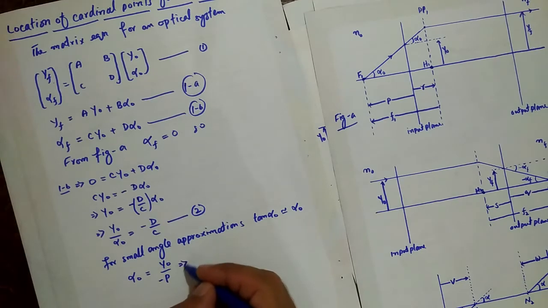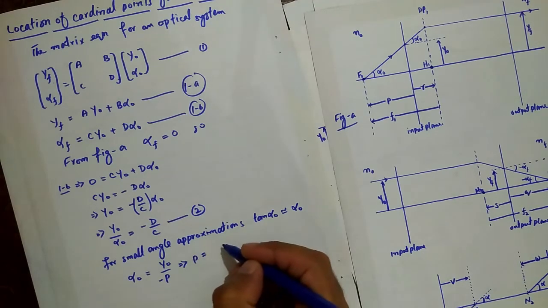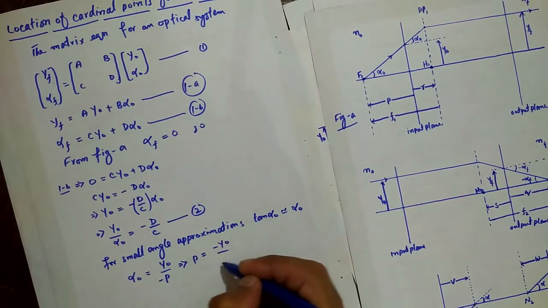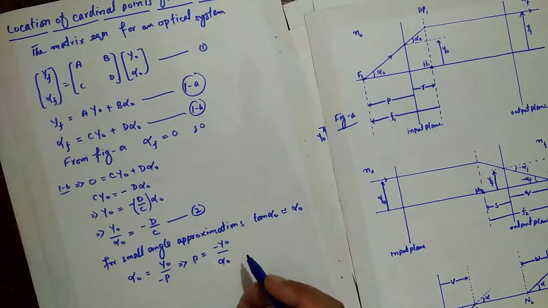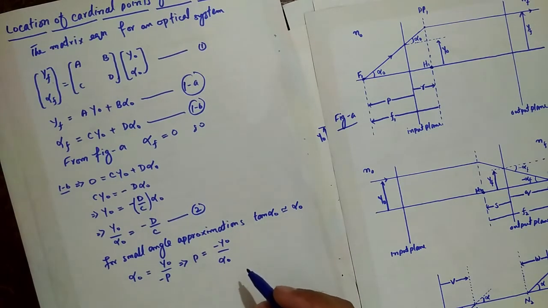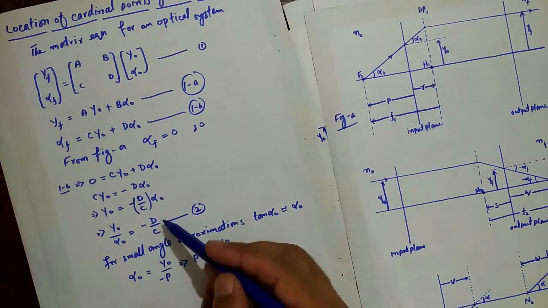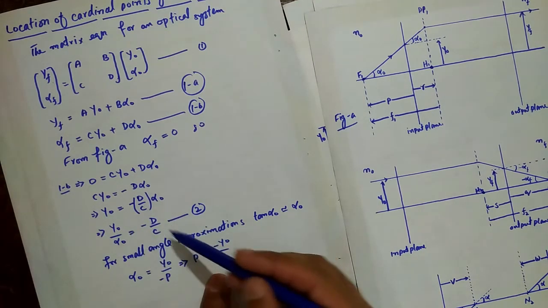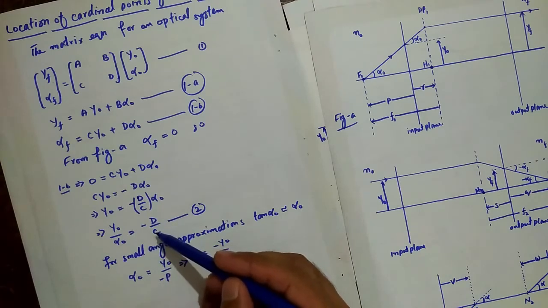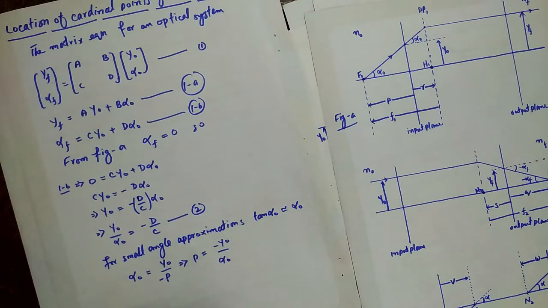So p will be equal to minus y naught over alpha naught. Clear? But we know that y naught over alpha naught is equal to minus D upon C. Therefore p will be equal to D over C. This is equation number 3.